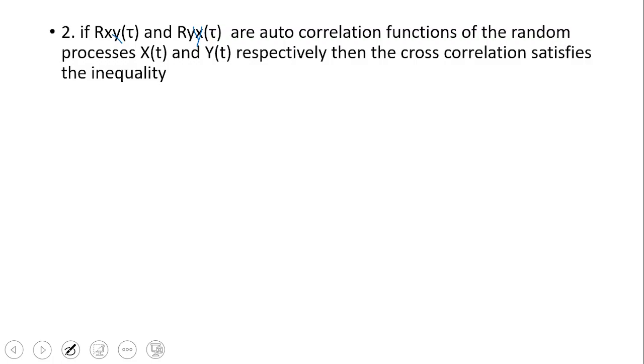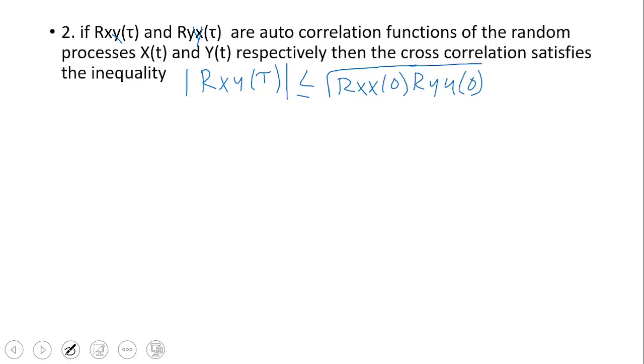Then the cross correlation between x of t and y of t satisfies the inequality: modulus of rxy of tau is less than or equal to the square root of rxx of 0 times ryy of 0, where rxx of tau and ryy of tau are the autocorrelation functions of x of t and y of t.